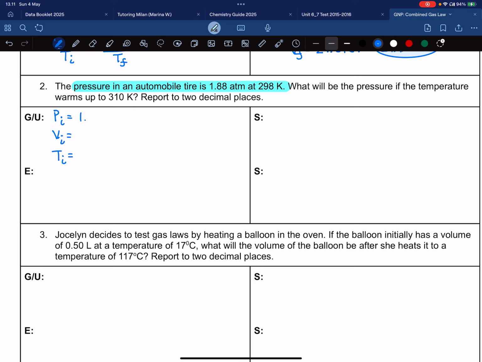So the pressure is 1.88 atmospheres. Volume, we don't know. Okay, so we're going to leave that blank for the moment. You'll see why here in just a second. The temperature, 298 Kelvin, which is what we want it to be, because it has to be Kelvin, not Celsius.